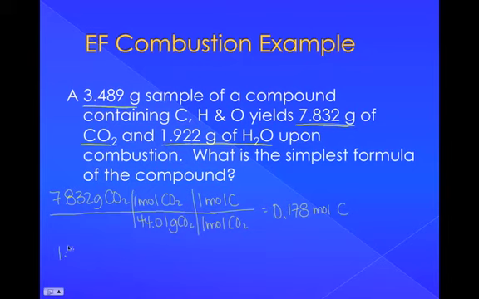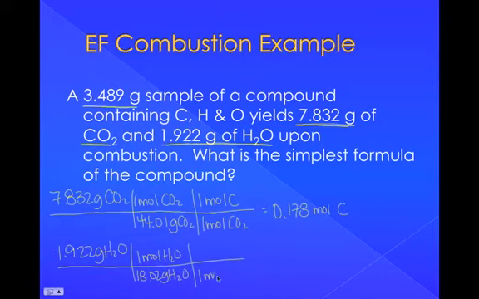And then take the other number, the 1.922 grams of water, and convert that to moles of hydrogen. So each mole of water has a mass of 18.02 grams. And from each mole of water, we're going to get 2 moles of hydrogen. And that is going to work out to 0.217 moles.